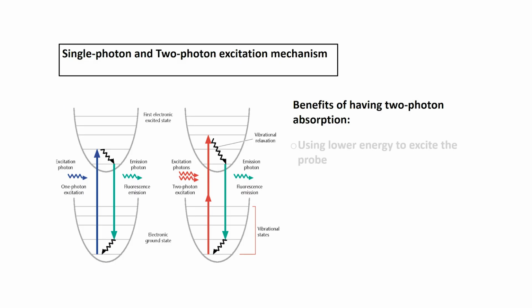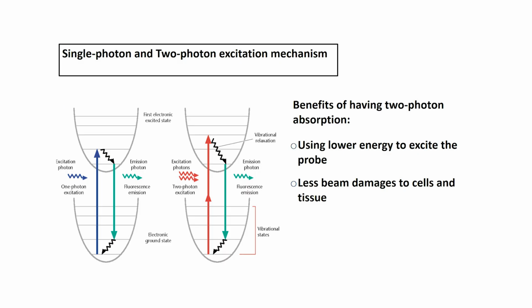In this way, we have photons with lower energy to excite our carbon quantum dots in comparison with single photon. Therefore, we have less beam damage to the cells and tissues during imaging, and we can also increase the penetration depth and resolution of images.